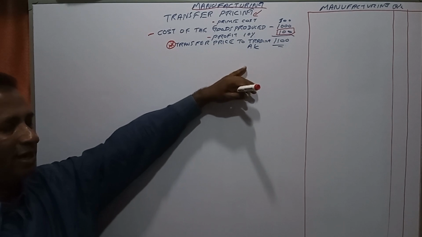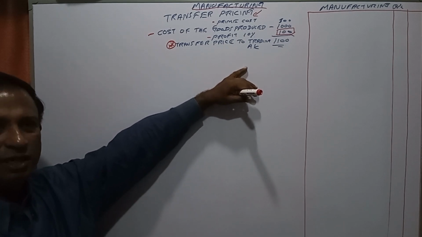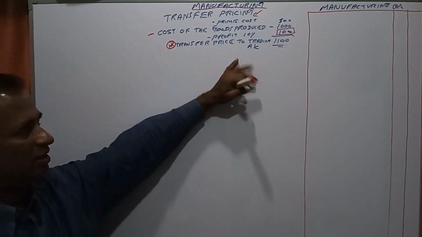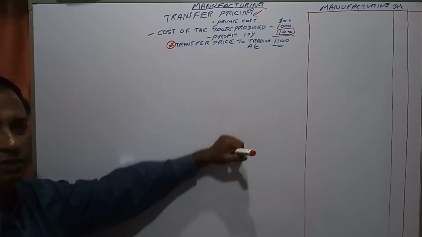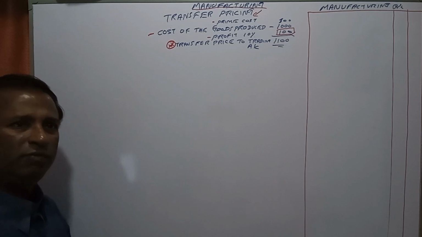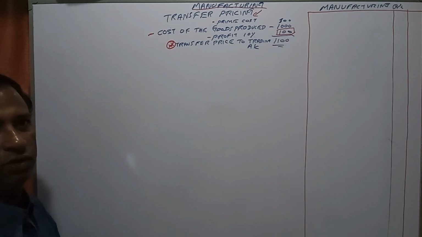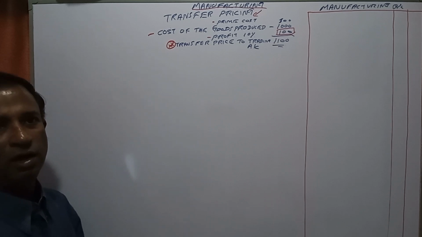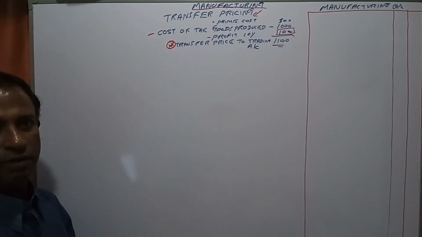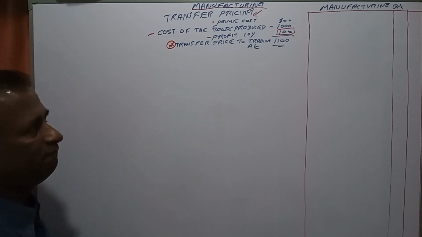But international accounting standards say that when you are valuing your inventory, it should be valued at the lower of cost of the goods or net realizable value.